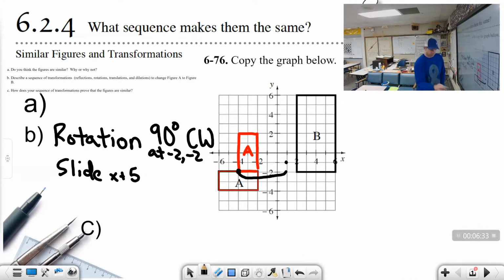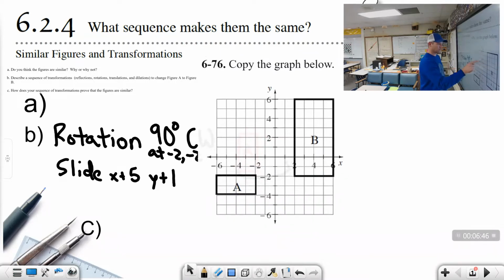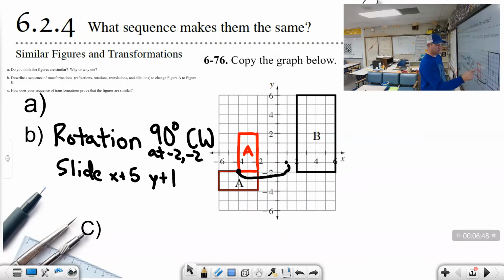I'm glad I caught that. X plus 5 and y plus 1. That's going to take my shape A, apparently I got to move this in parts. My shape A is going to move there. Okay?